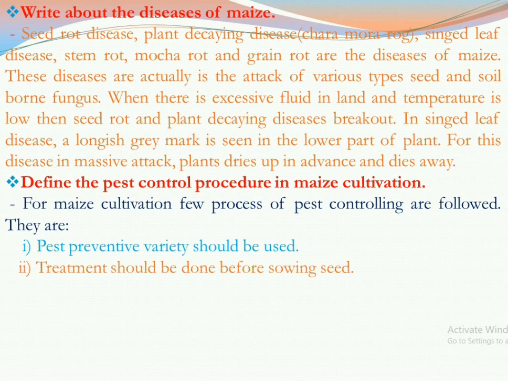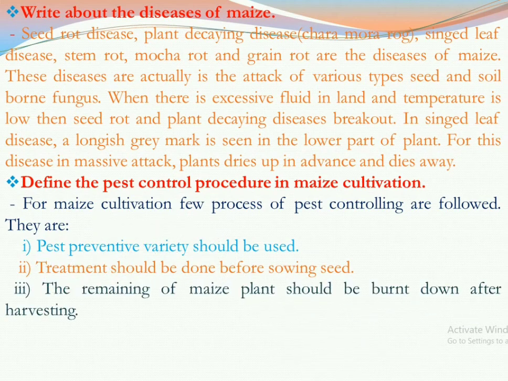Treatment should be done before sowing seed. That means, like, Katuapuka can grow when there is anything inside the soil, so we should take preparation for that before sowing seed. The remaining of maize plants should be burned down after harvesting. That means we shouldn't keep them in the land after harvesting.